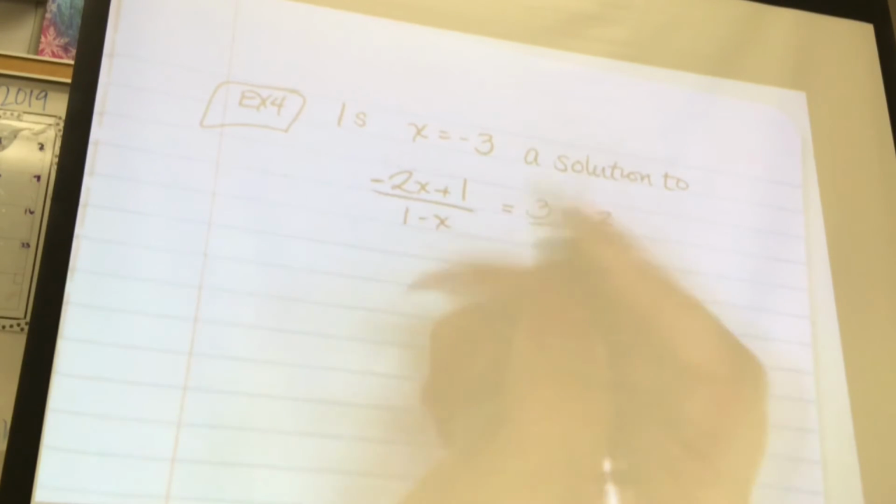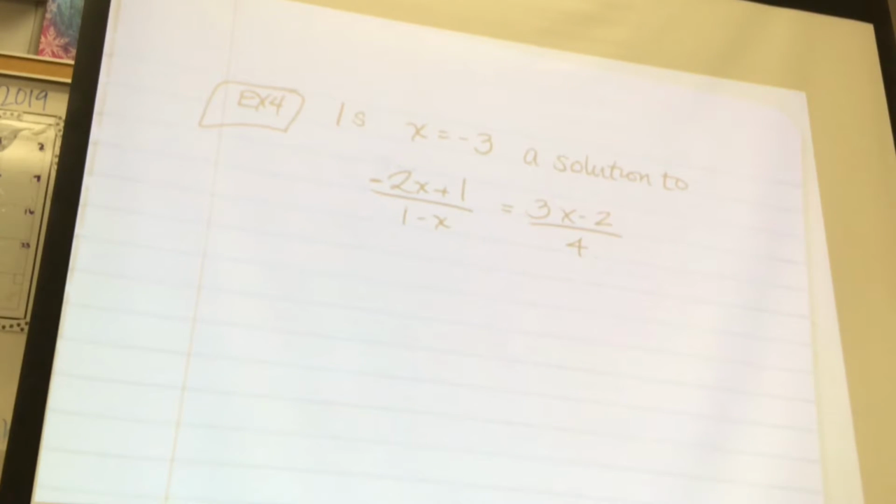If this was a test question, I don't want to do this with you yet. I want to get at least 3 ideas on how you could do this problem. How would you do this problem to see if negative 3 is a solution?